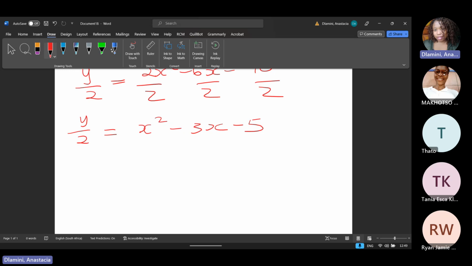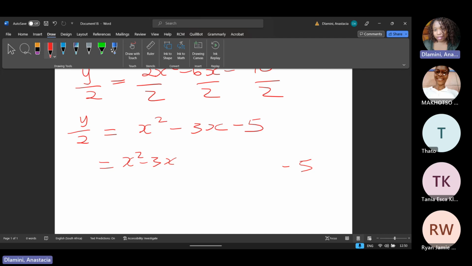So when you're completing the square, you're focusing on the right-hand side. Listen to this. You take x squared minus 3x. You leave some space and write minus 5 there. Small steps. That's the first step. Now you're going to add something and then subtract something.